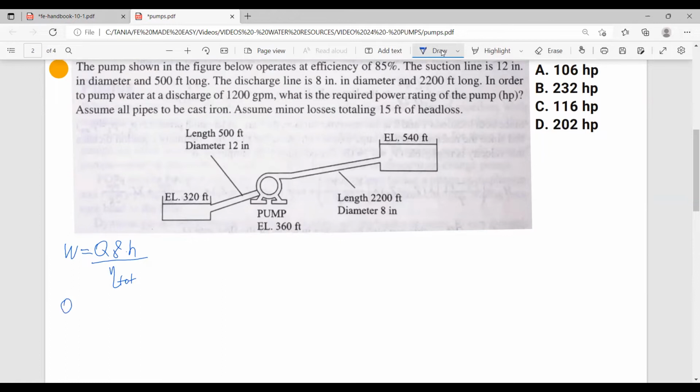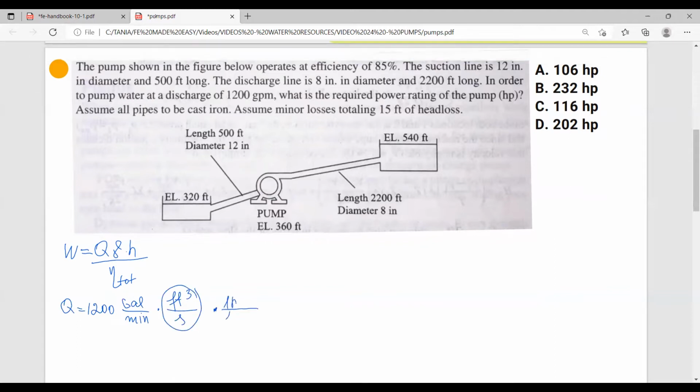So our Q equals 1,200 gallons per minute, and we have to transform into cubic feet per second. So 1 minute equals 60 seconds.